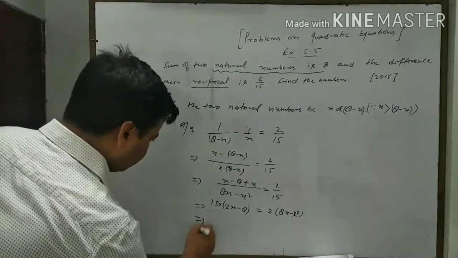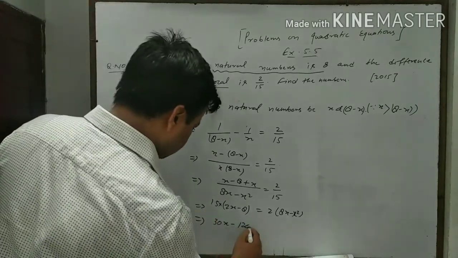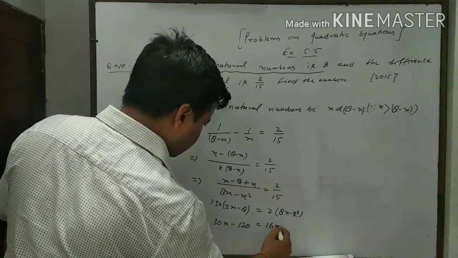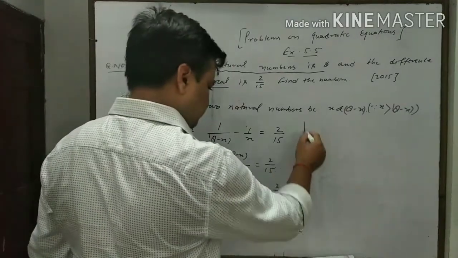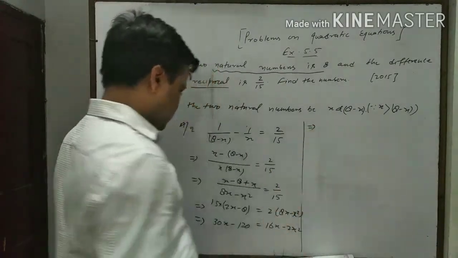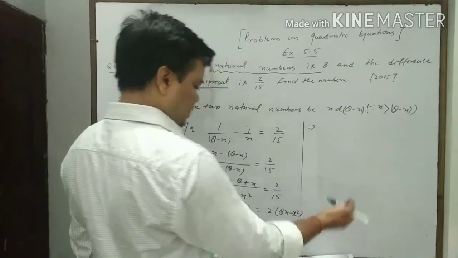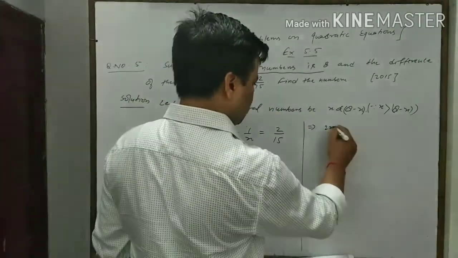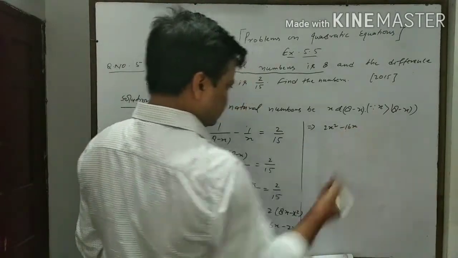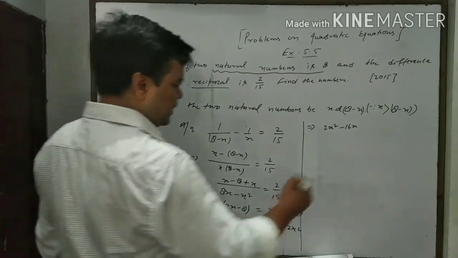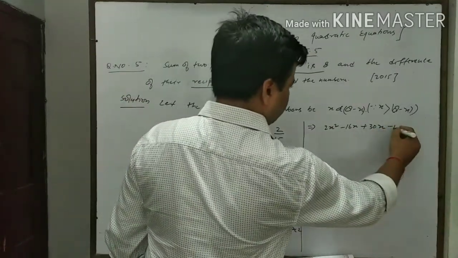Now the next step. 15 times 2x is 30x, minus 15 times 8 is 120, is equal to 16x minus 2x square. Now take 16x and minus 2x square to this side, and here it will be 2x square minus 16x plus 30x minus 120.